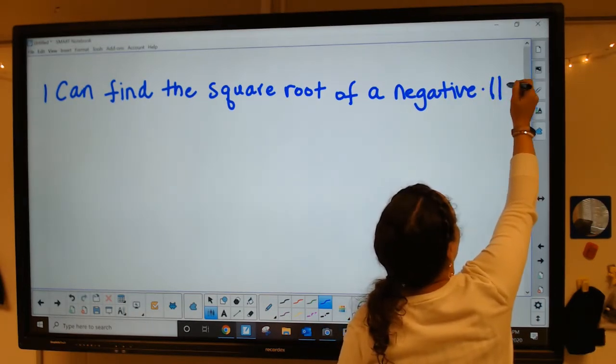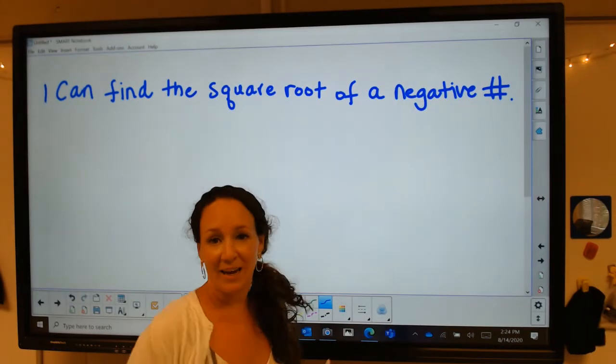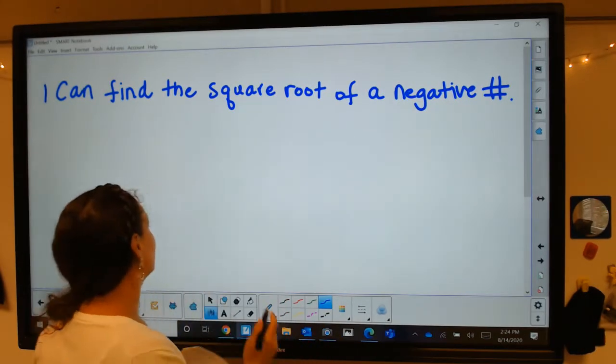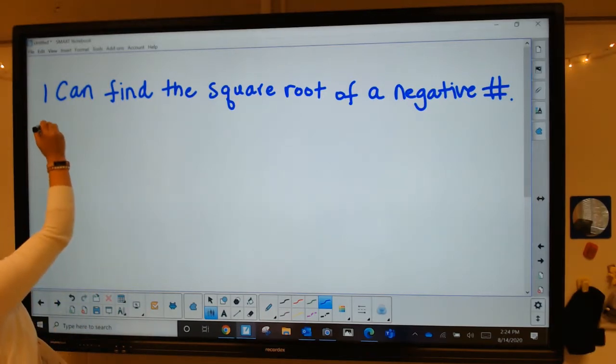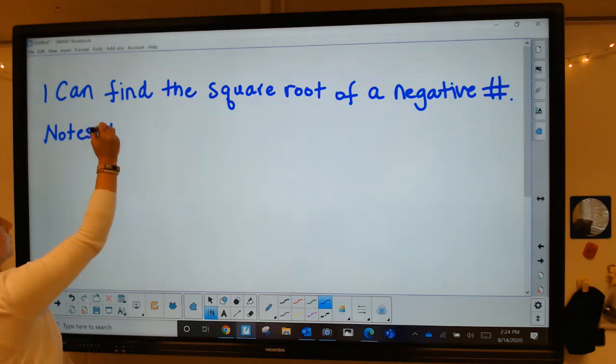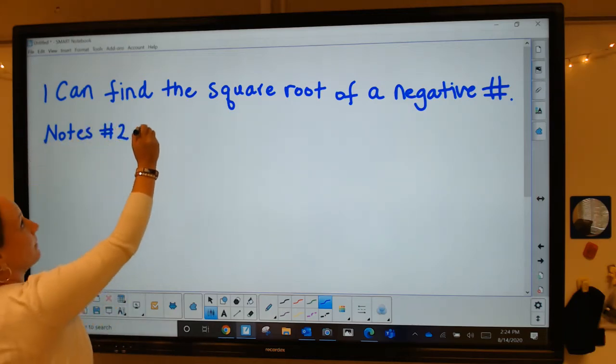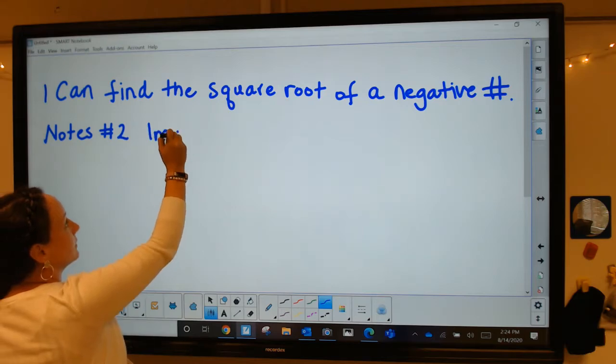Let's just do that. I can find the square root of a negative number. That's the goal of our lesson today. So we'll call this notes number 2. Imaginary numbers.